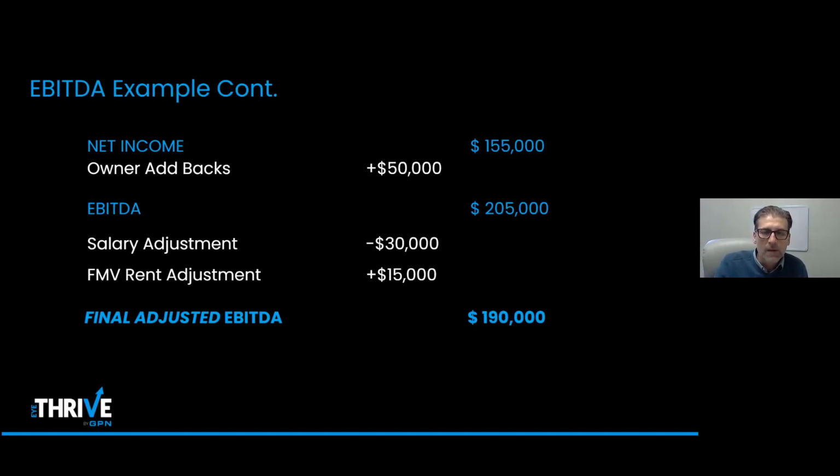We want to be as accurate as we possibly can and make all the adjustments necessary to really start to understand what is the true cash flow of this business when I take out all of the little twists and turns that we build into this, and our CPAs build into this as we really, quite frankly, just try to reduce our tax liability. So it gives us a much clearer picture as we get this so-called final adjusted EBITDA number.